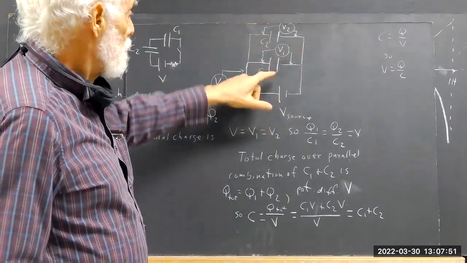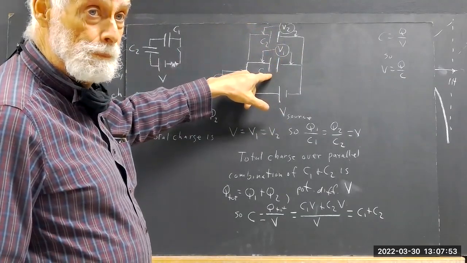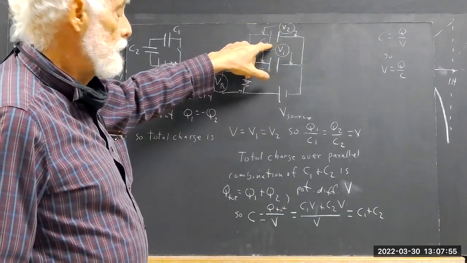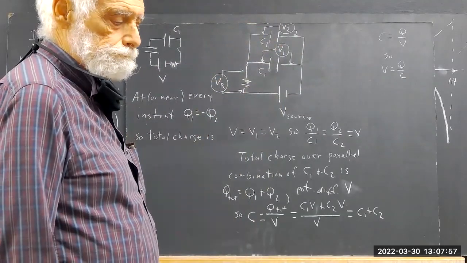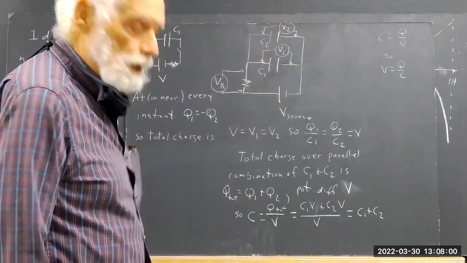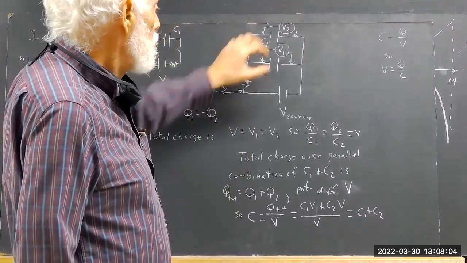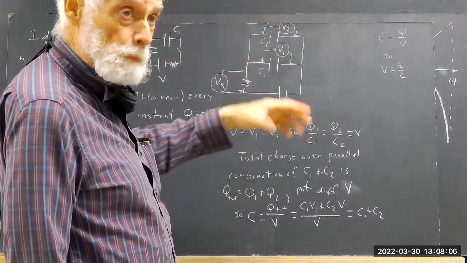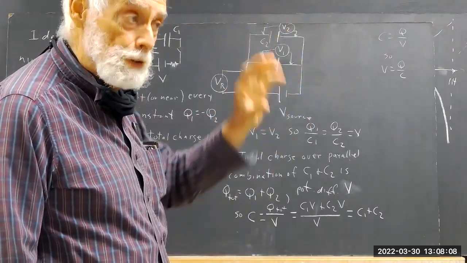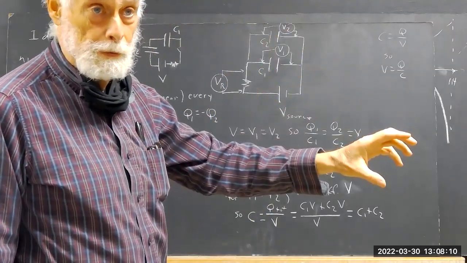Say these plates are the size of a football field, and these plates are the size of a tennis court. It's equivalent to having just one plate here and one plate here, each the size of a football field plus a tennis court.